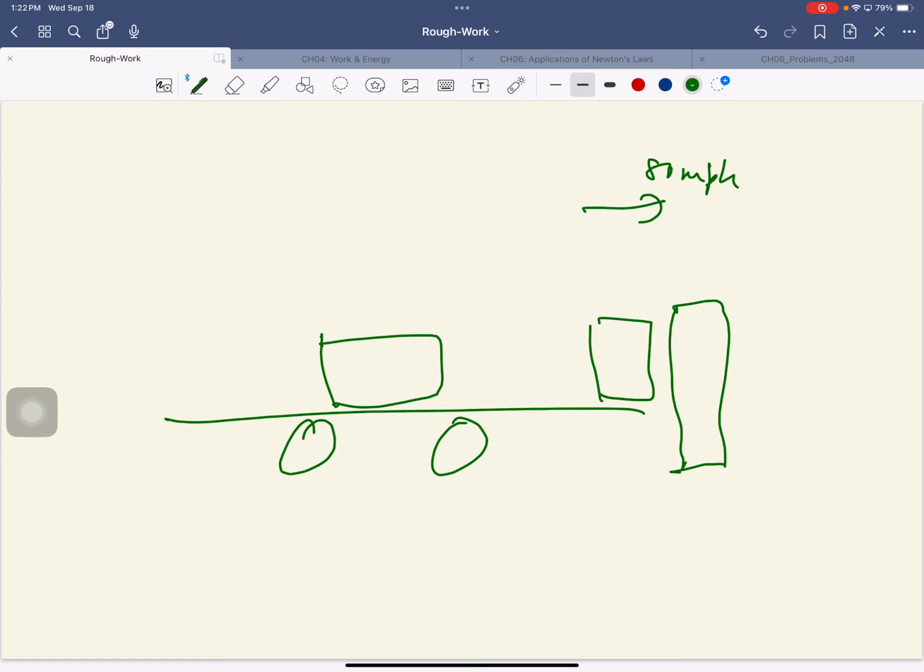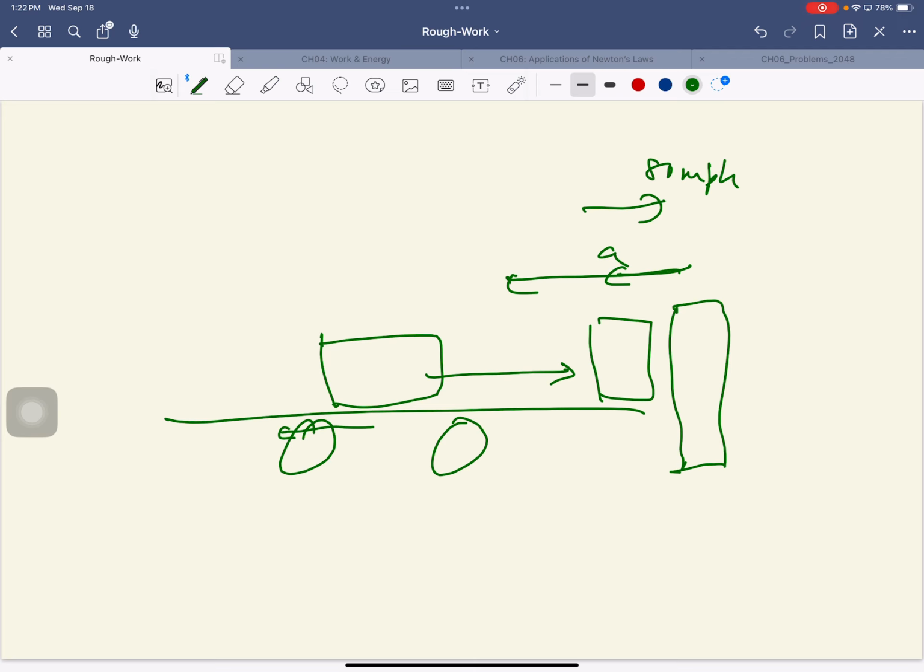The truck stopped. It had a great acceleration in this direction. Now this guy, you want this guy to stop as well. If the static friction force is not capable of stopping him, this guy will come flying.